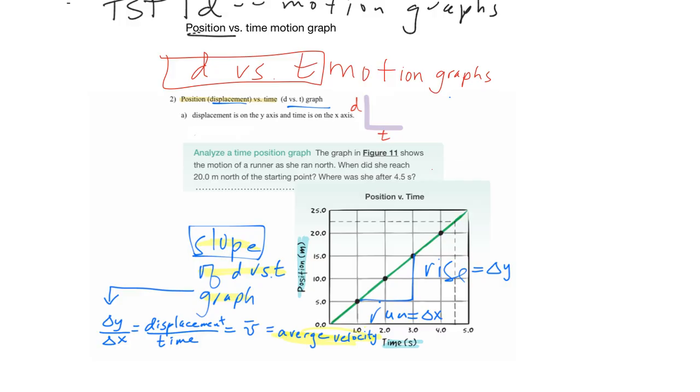Really, I should say it's x versus t, but because x means position, that looks confusing, because position will always be on the y-axis. Like I just said, the y-axis will have position, and the x-axis in all my motion graphs will be time.